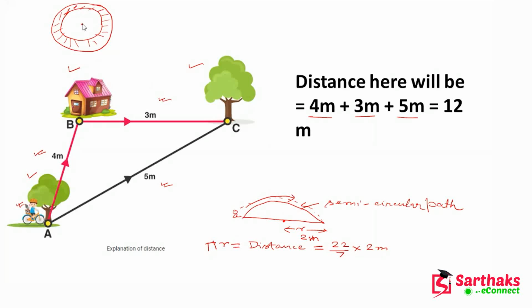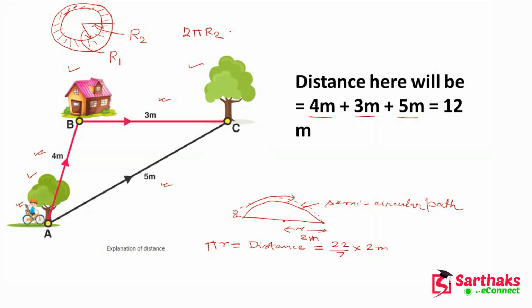This radius, I am writing here, suppose this radius is R2 and this radius is R1, right? So, this path has twice pi R2, this is the outer path.